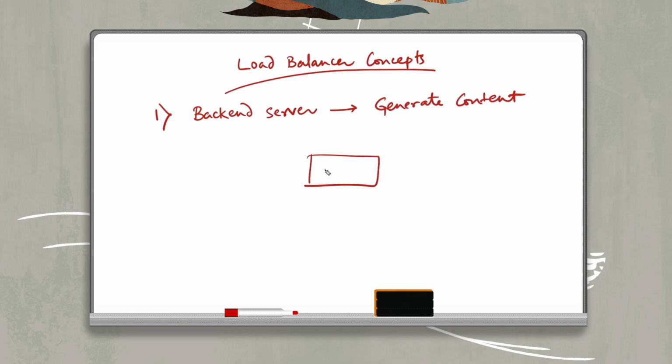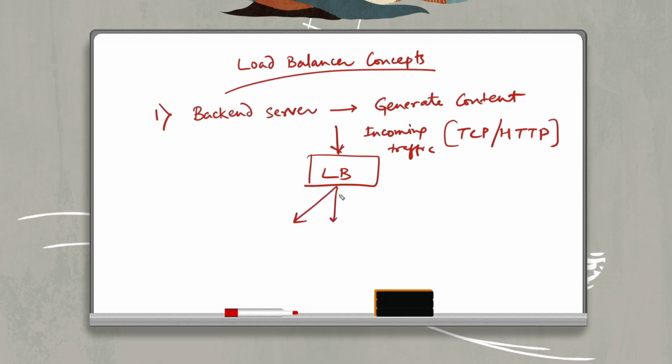For example, this is your load balancer. This is the incoming traffic. So it can be TCP or it can be HTTP traffic. The load balancer is going to forward it to, or distribute it to, the backend server. So ultimately, this backend server is responsible for generating content.